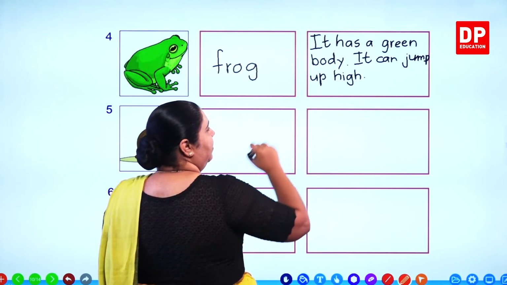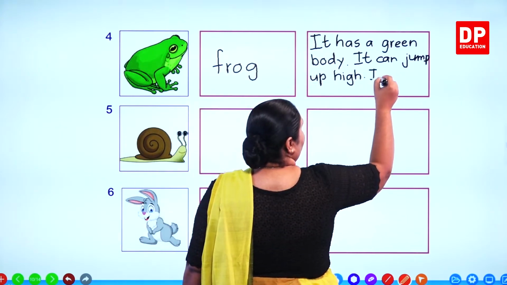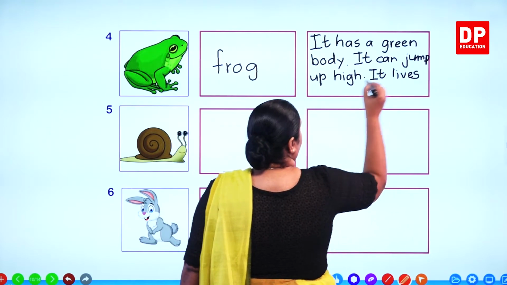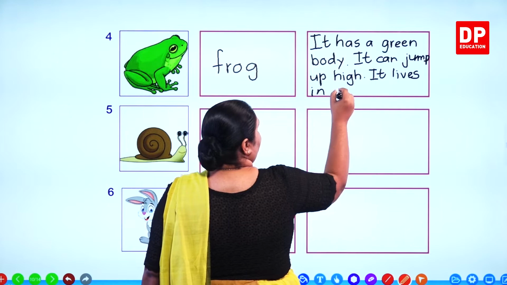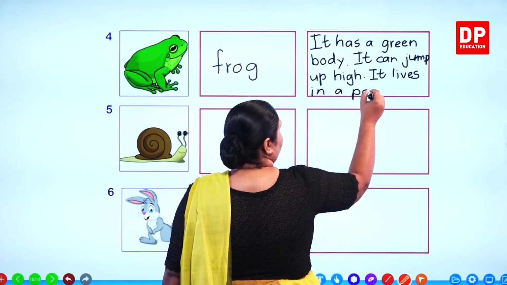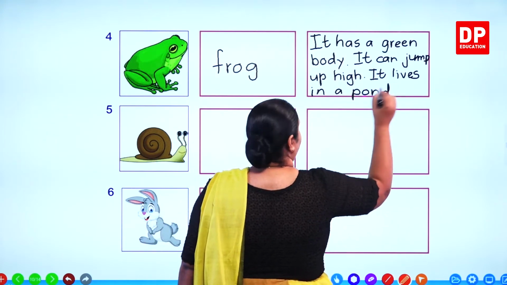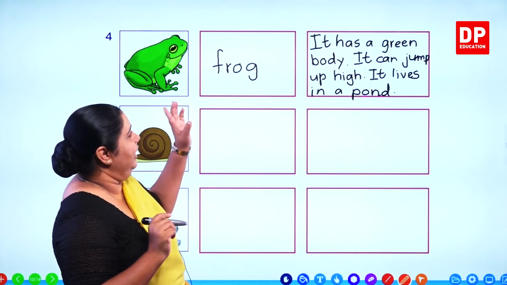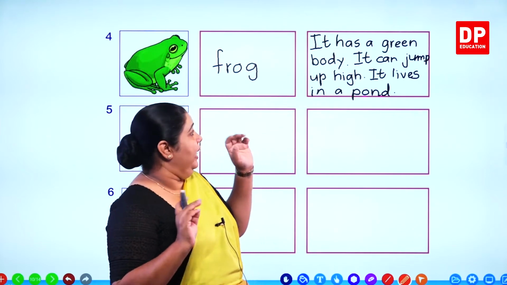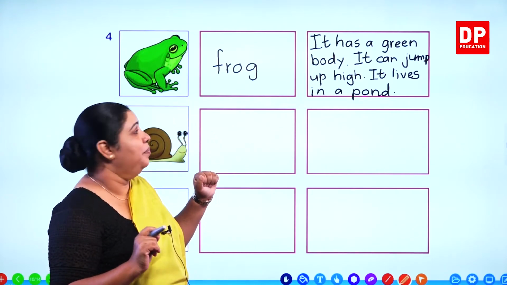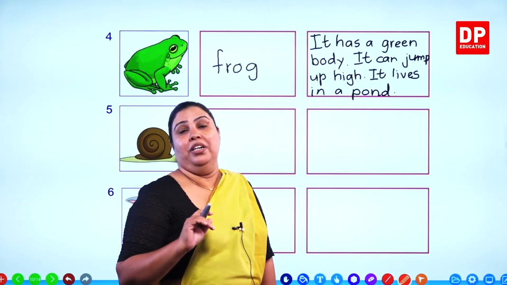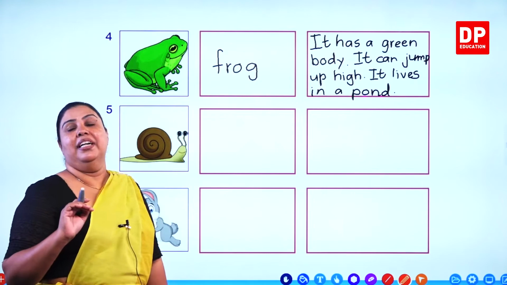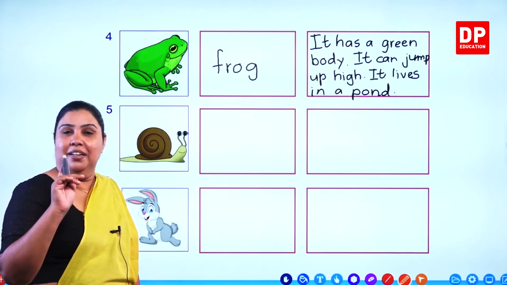Where does it live? It lives in a pond. That's right. So that is our friend frog. This is the frog. It has a green body. It can jump up high. It lives in a pond, right? So you have to write the correct name and the correct description for the picture.